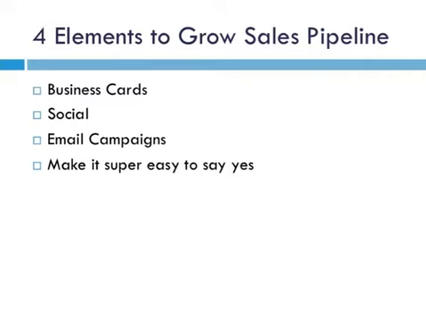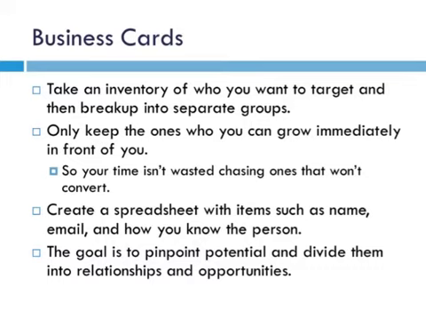But it also could be your LinkedIn account. So think about those business cards that you can go through, and in the next part of this, we'll go over exactly how to use that. Your social networks, email campaigns, and finally, making it super, super, super easy for someone to say yes. So we'll start with business cards.